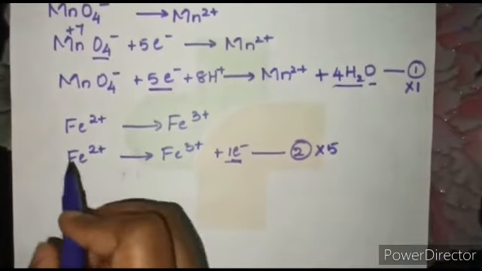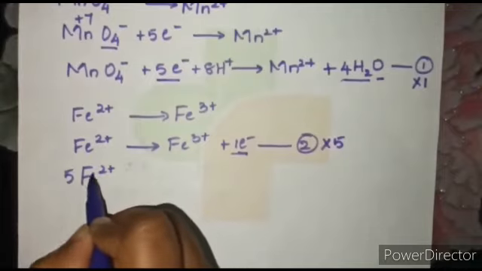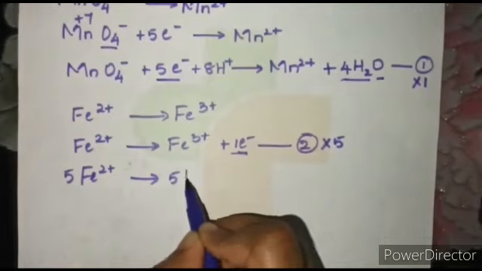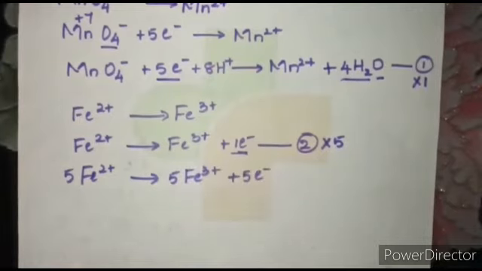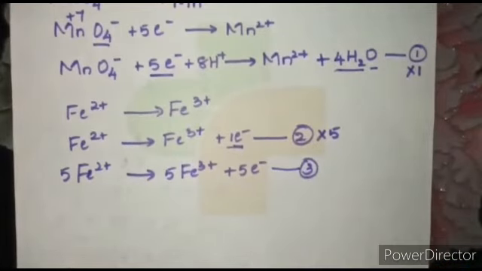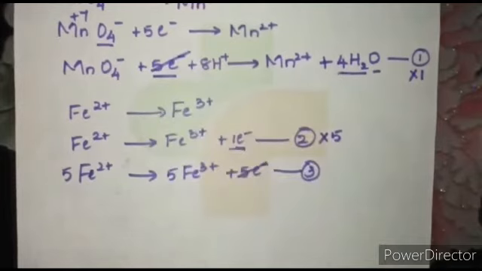For equation number 2, it will become 5Fe2+, giving rise to 5Fe3+ plus 5 electrons. We will name this as equation number 3. Now let's do the cancelling. The 5 electrons here will be gone with the 5 electrons in equation number 1.